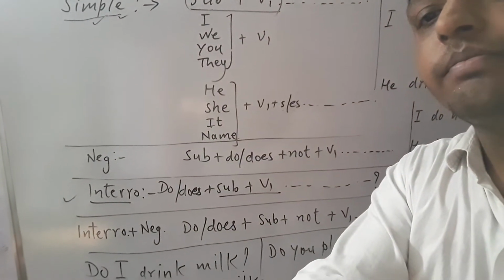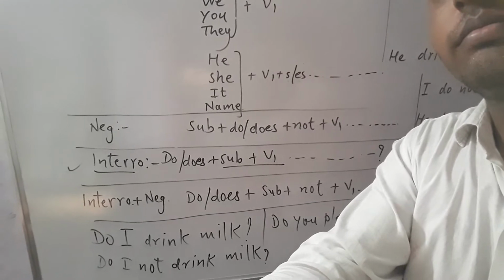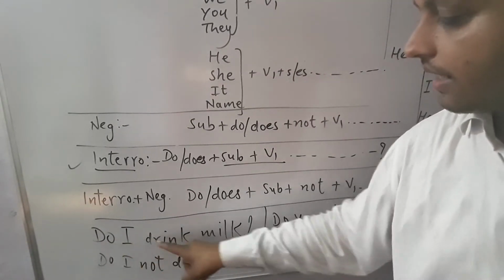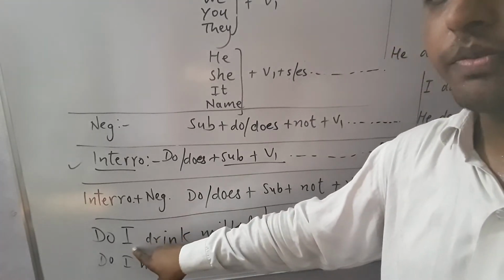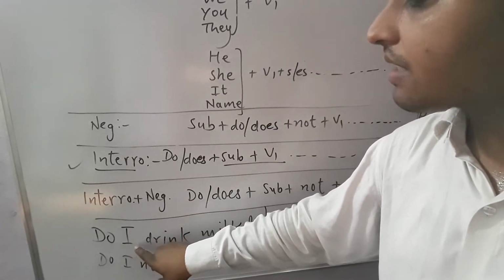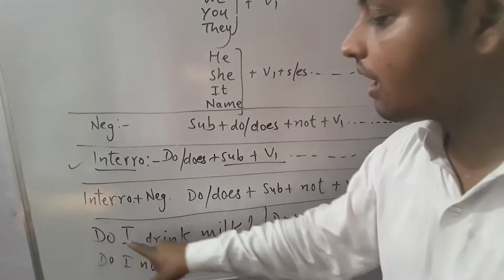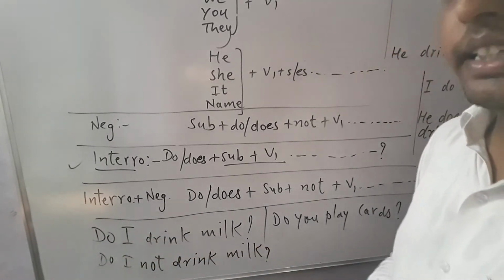You can see examples right here. Do I drink milk? The subject is I, so I have used do.